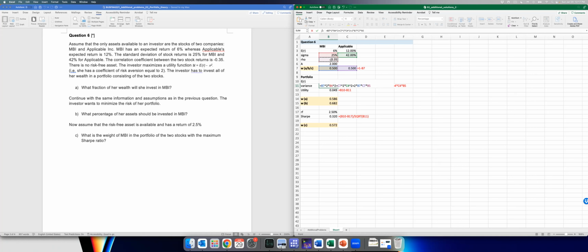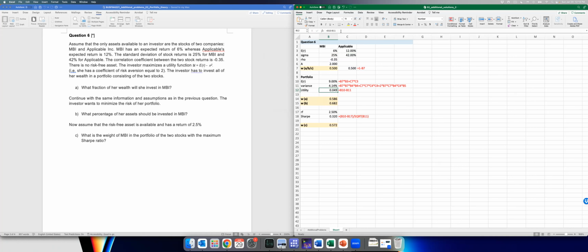That's correlation times sigma 1 times sigma 2. And that gives you 4.14% variance.